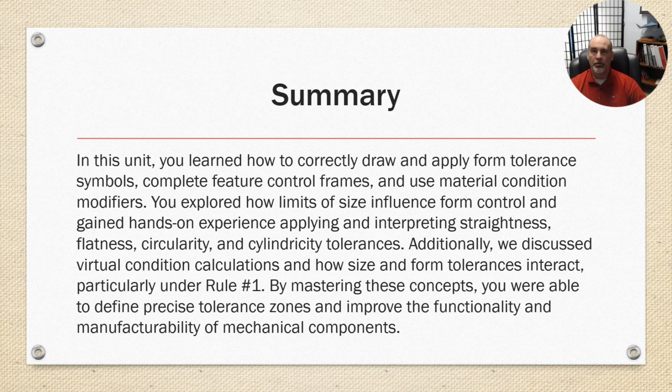Additionally, we discussed virtual condition calculations and how size and form tolerances interact, particularly under Rule Number 1. By mastering these concepts, you are able to define precise tolerance zones and improve the functionality and manufacturability of mechanical components.